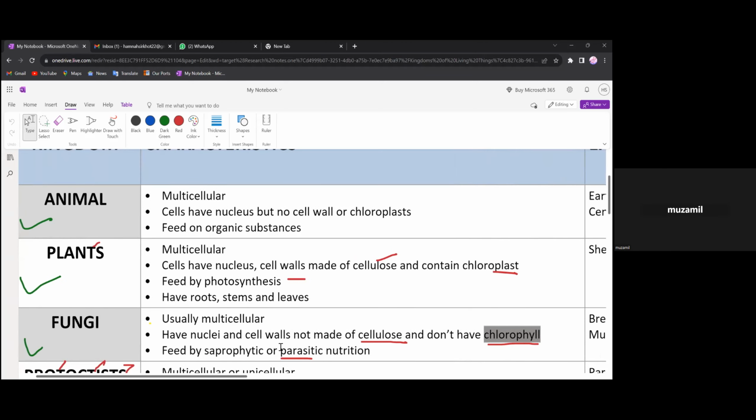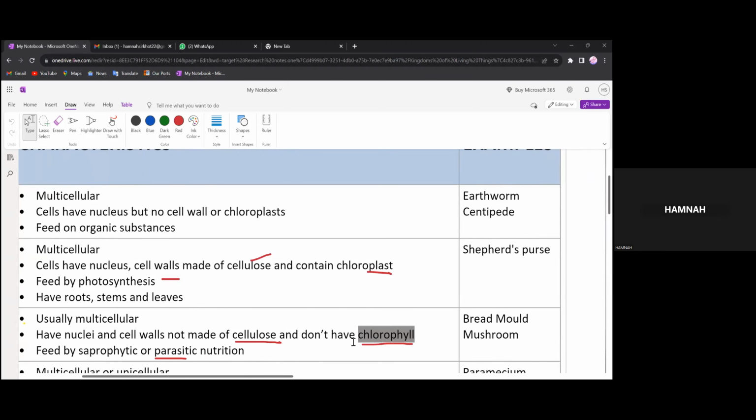Okay. And fungi, have you heard that there are poisonous mushrooms? So how are they poisonous? But some mushrooms are not poisonous. We eat them. This is why we write they feed by saprophytic or parasitic nutrition.